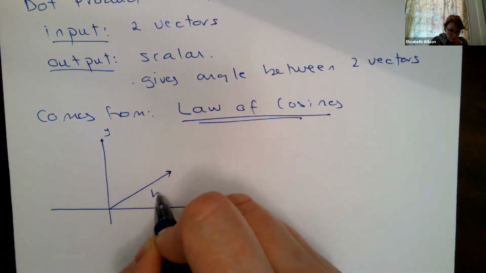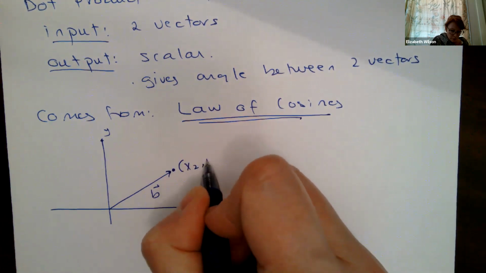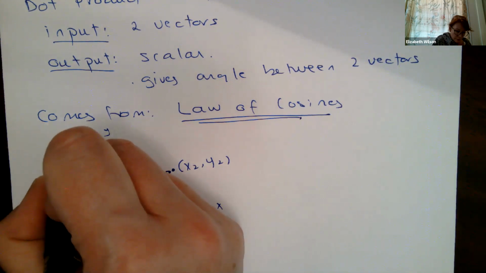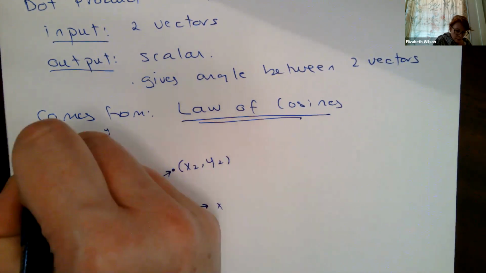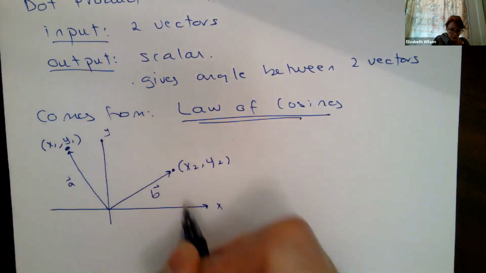I've got a vector B, and this is going to go to this point here, x2, y2. And I have a displacement vector here, A, and this is going to point x1, y1.